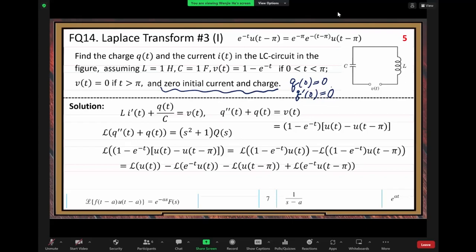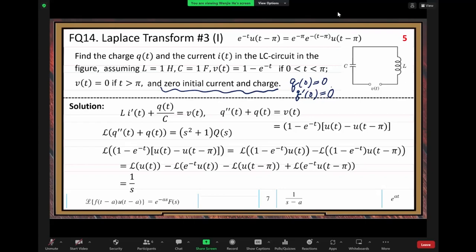Then the first term: f is 1, a is 0, so we can apply this formula. Little a is 0, f is 1. Here the Laplace transform of 1 is 1 over s. With a equal to 0, e to the 0 is 1. So 1 times 1 over s. That's the first term.